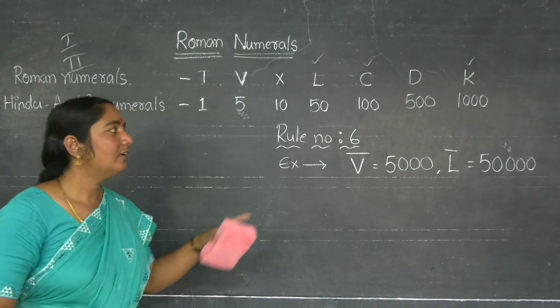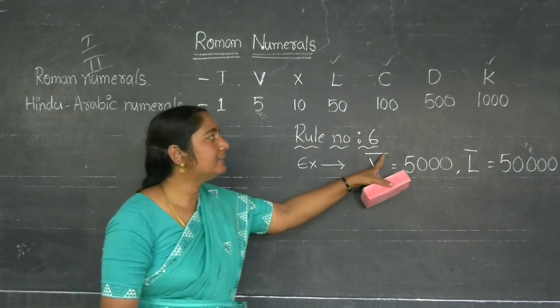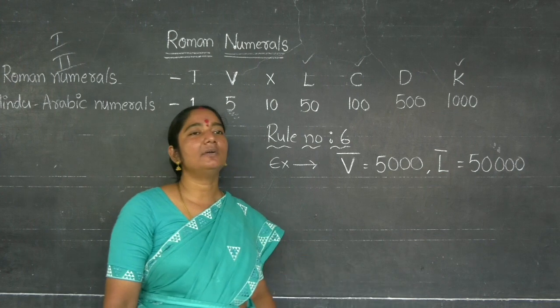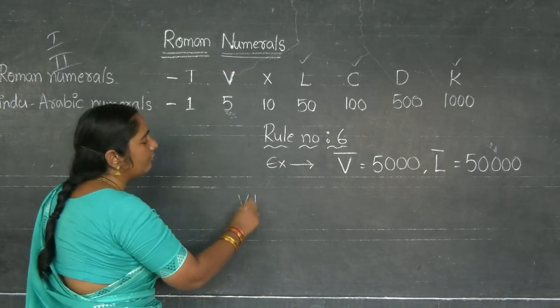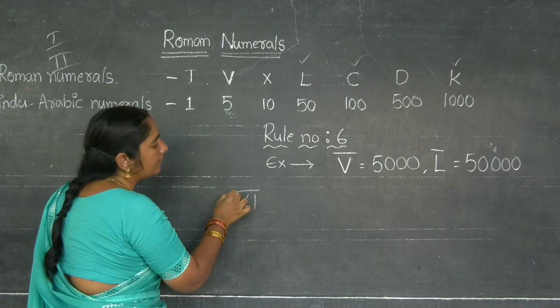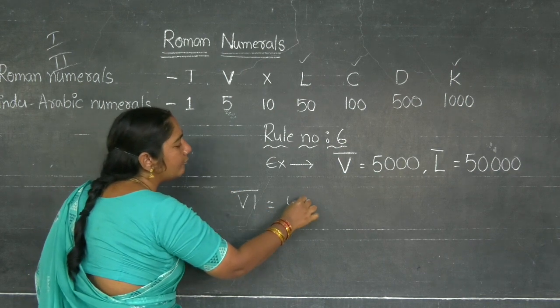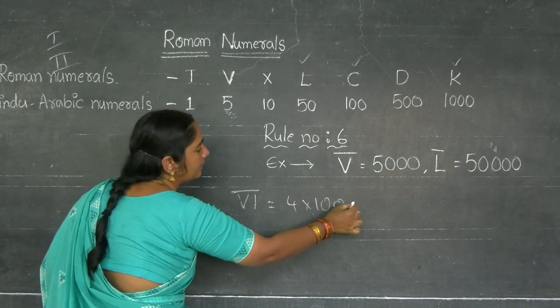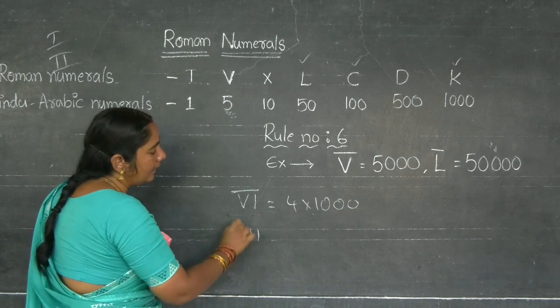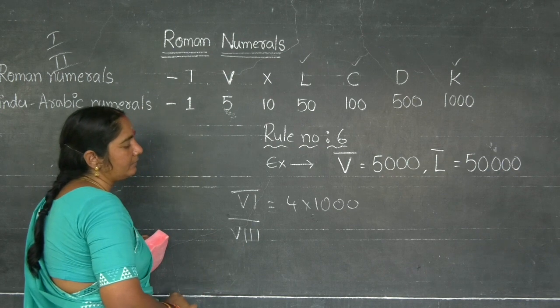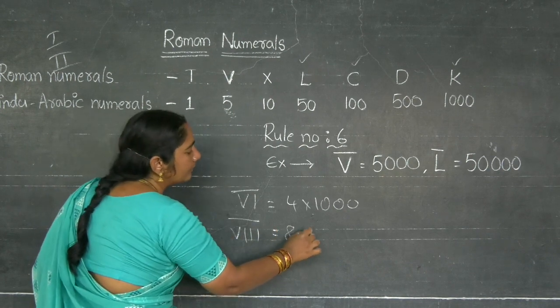Last one is, whenever any kind of a bar is kept, it is nothing but 1000. You multiply by 1000. For example, 4 bar is there. If you are keeping a bar over it, it indicates that 4 into 1000. You have to multiply with 1000. For example, 8, and there is a bar over it. Means 8 into 1000.